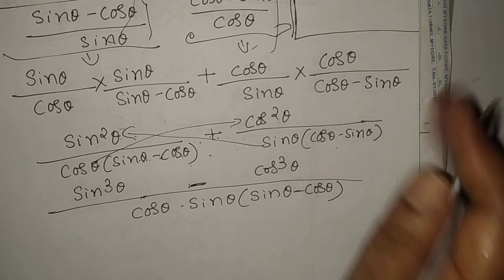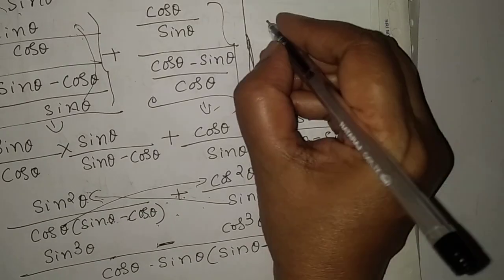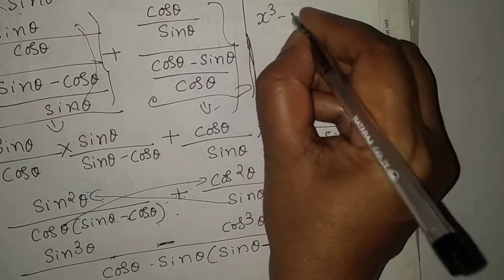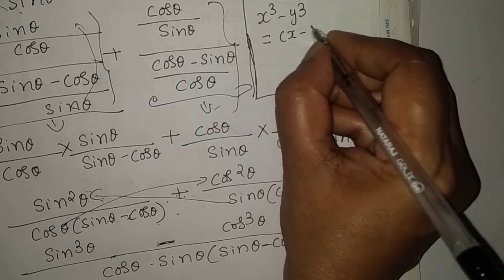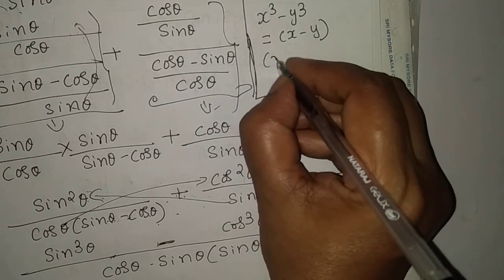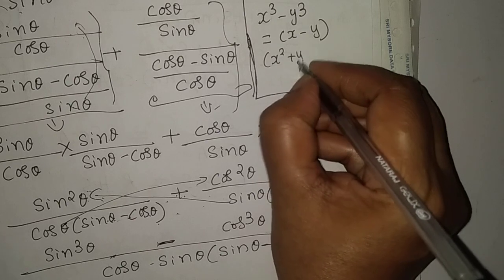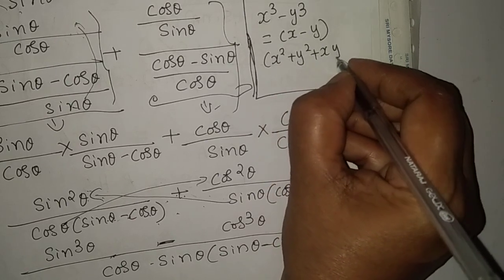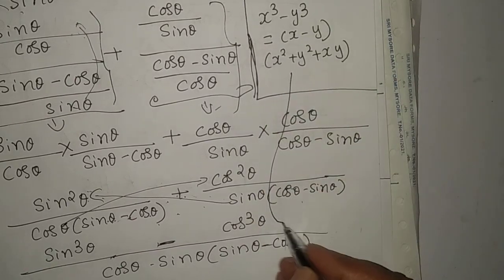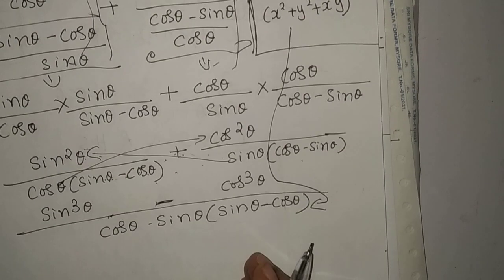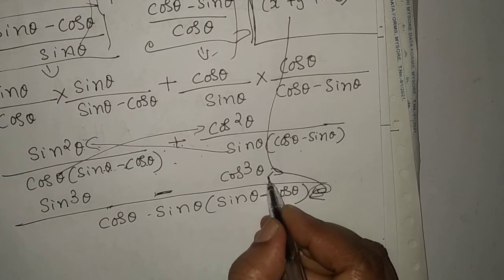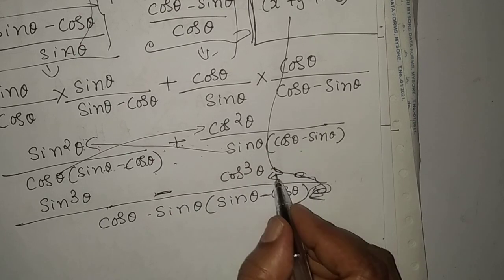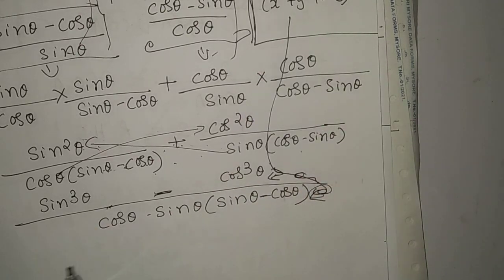Now we have this formula, that is x cube minus y cube is equal to x minus y into x square plus y square plus xy. We can use this to this denominator. So now, this one, numerator. See, apply this formula to numerator.